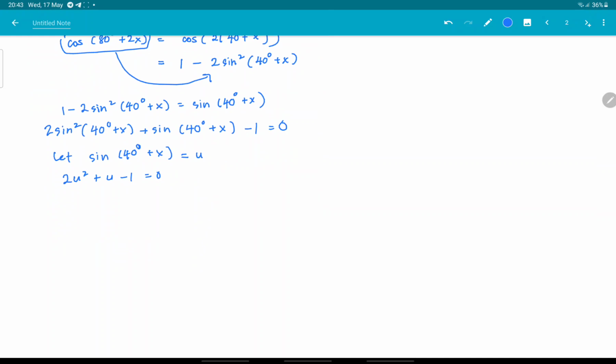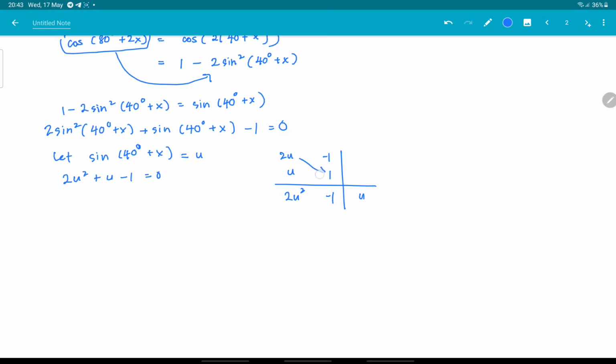Then we do the factorization. 2u squared is the product of 2u and u, and negative 1 is the product of negative 1 and 1.